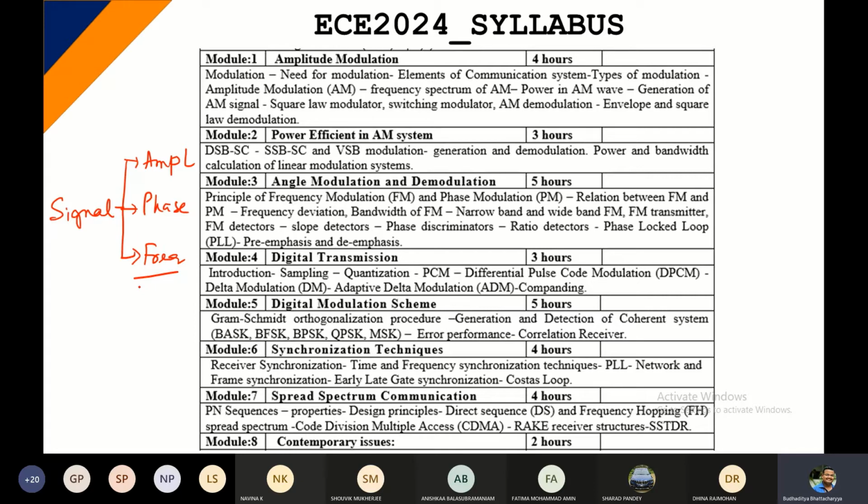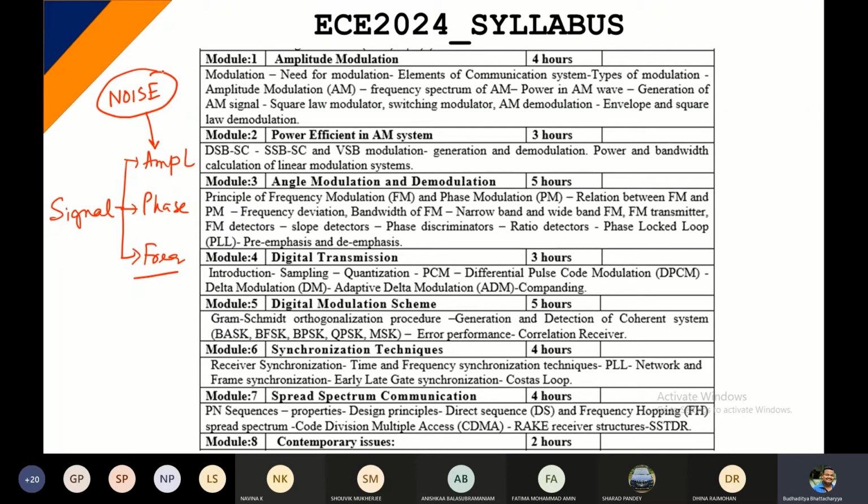But what we have also observed over the years is that the amplitude modulation that we discussed in the first two modules has a very chronic problem, and that is noise. Whenever you are transmitting an amplitude modulated signal over the channel, it is imperative that the amplitude of the signal will vary drastically based on the channel condition, be it a wired connection or a wireless scenario.